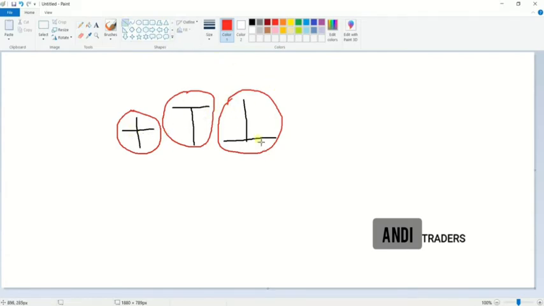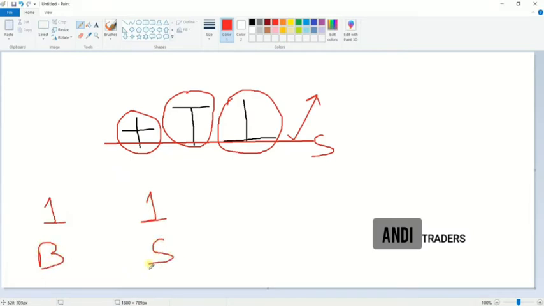But when you see these candles at a support level, it means the buyers will enter. Why? Because these have equal power, right? The buyers are one and the sellers are one. But when we are seeing a support level here, it means it is the buyers area, so buyers have 1 plus point and the buyers will enter the market.